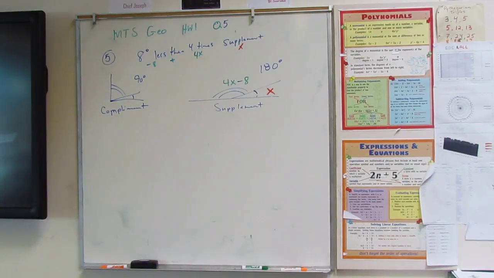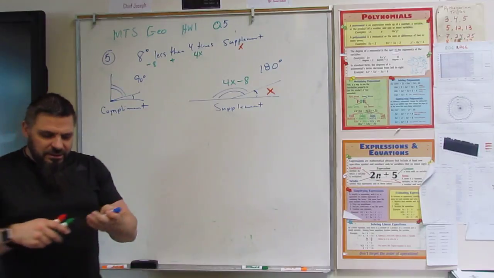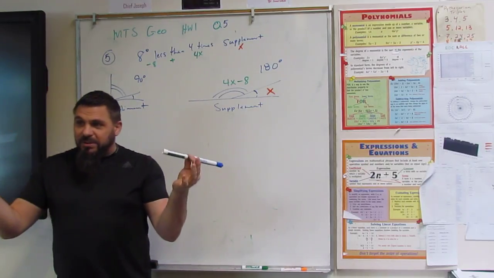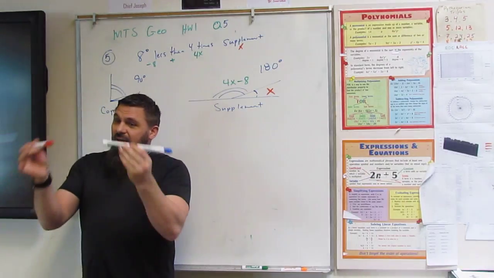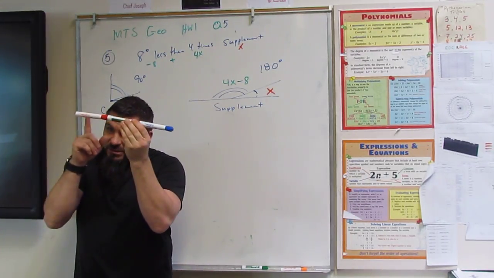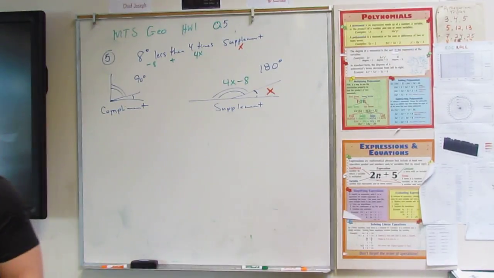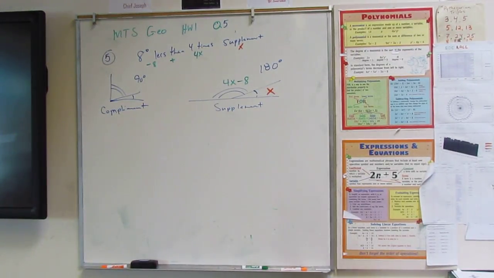Once we do that, before, in problem number 2, we did the segment addition postulate. Two segments, you put them together, and they create a larger segment. This is called the angle addition postulate, or we can use it as the definition of a supplementary angle.